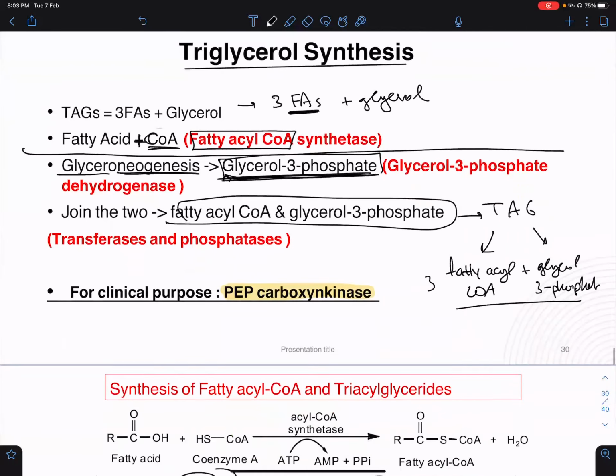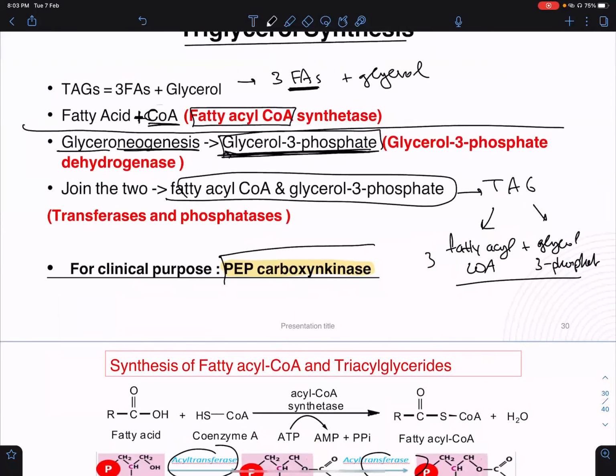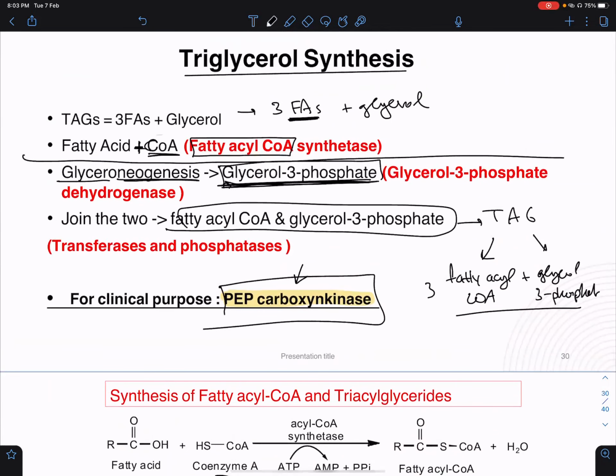Now, this one here, I know it's very out of place, but just keep in mind that this enzyme, if you see it, it's part of glyceroneogenesis. You don't need to know the pathway in particular, just know that this enzyme is part of glyceroneogenesis. So it's needed for or part of making glycerol.